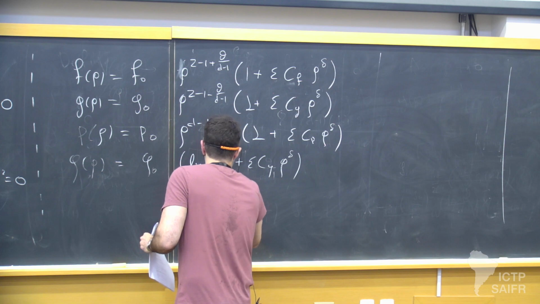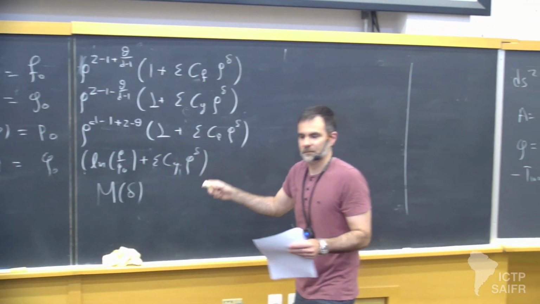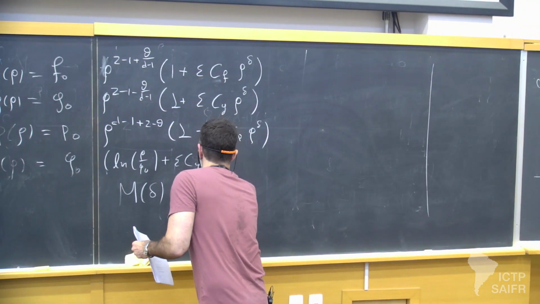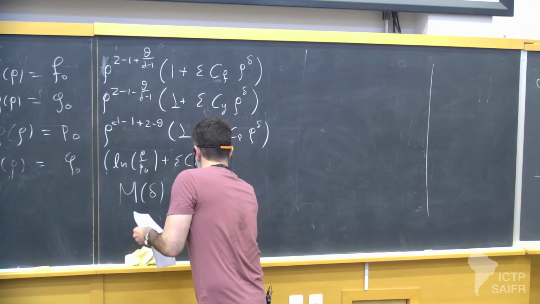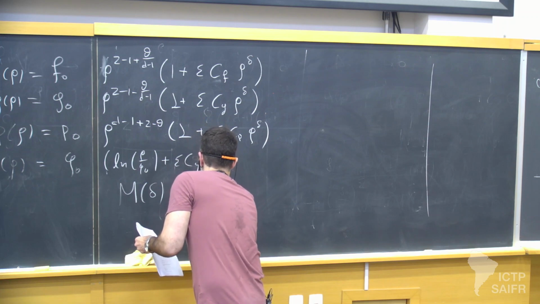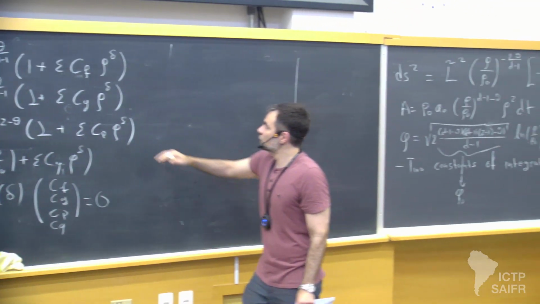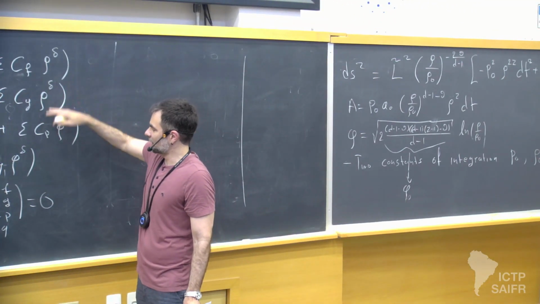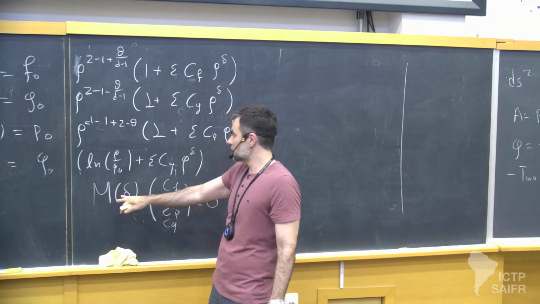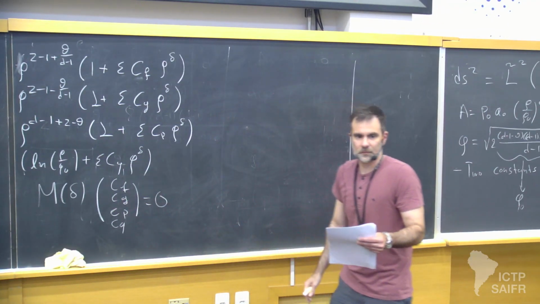There will be some matrix which is a function of this delta times the vector of constants Cf, Cg, Cp, C phi equals 0. If I choose these exponents like this, then I can write a consistent system which is just a matrix independent of rho times the constants of integration.